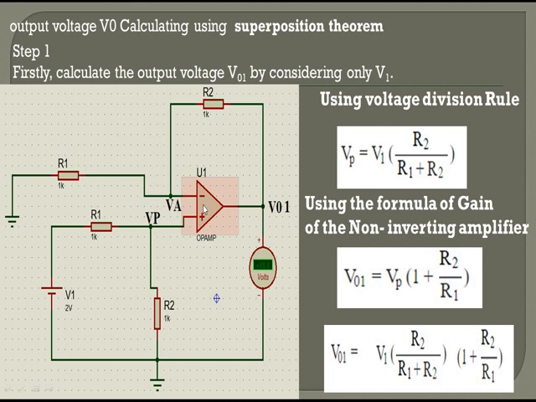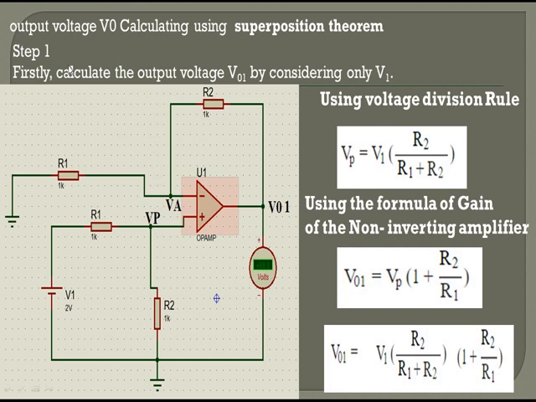To find the output equation, we are using the superposition theorem. In the superposition theorem, we find the output voltage firstly for V1, then for V2. So separately we are finding the output voltage for different input voltages.